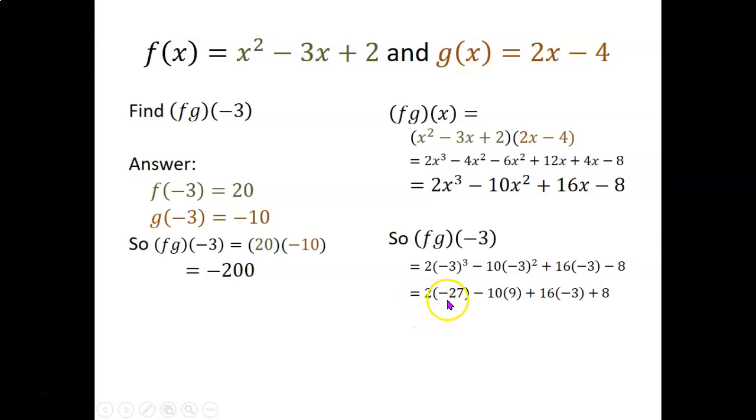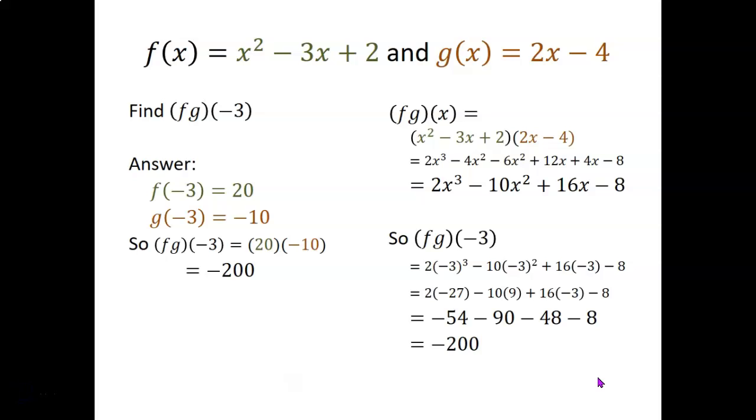So we've got 2 times negative 27, which is negative 54, minus 10 times 9, which is minus 90, plus 16 times minus 3, so minus 48. And then, oops, that should say, how'd that turn into a plus? Well, it should be a minus 8. And then altogether, that comes out to be minus 200.